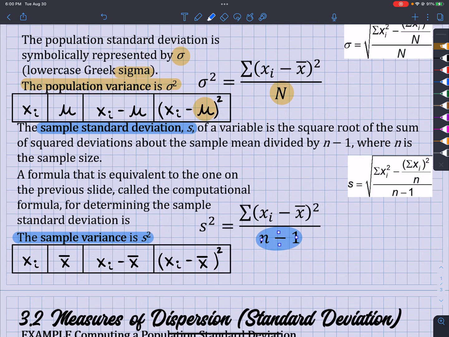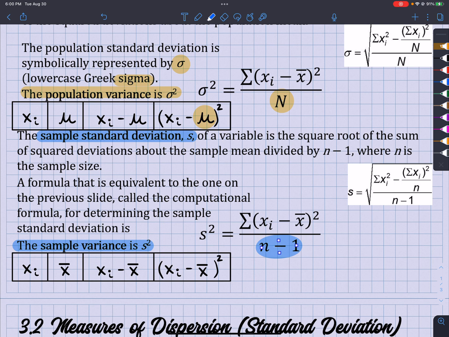The n minus 1 is saying that because we're sampling, we don't know where the next observation is going to take us. So we have n minus 1 degrees of freedom, because that last one we pick is not necessarily free. It might really hurt our standard deviation or variance as we go.